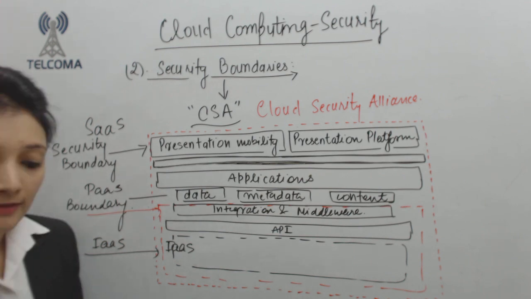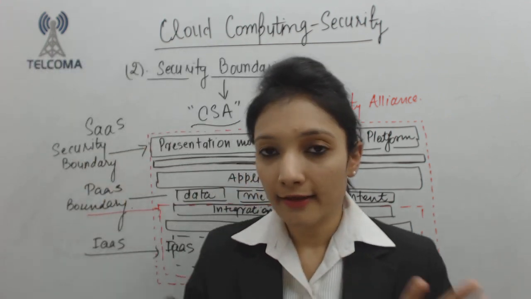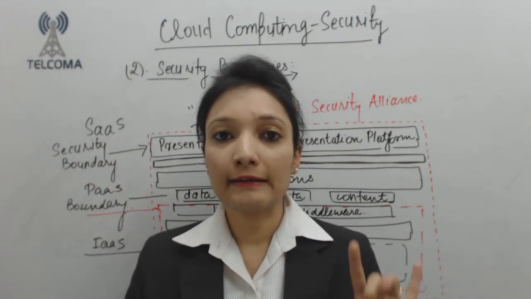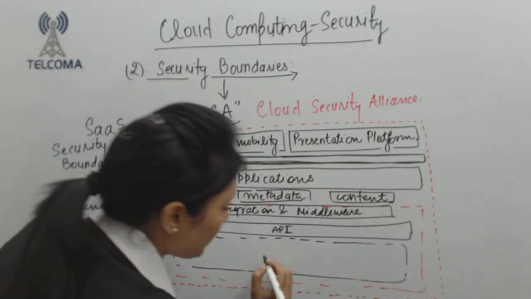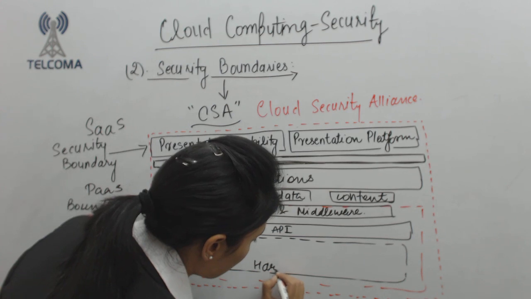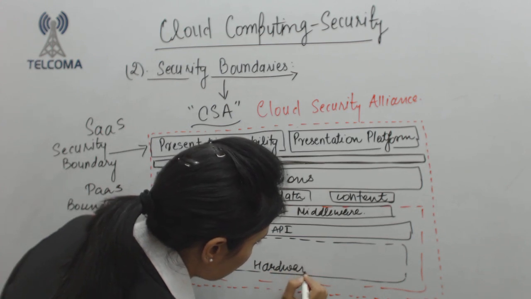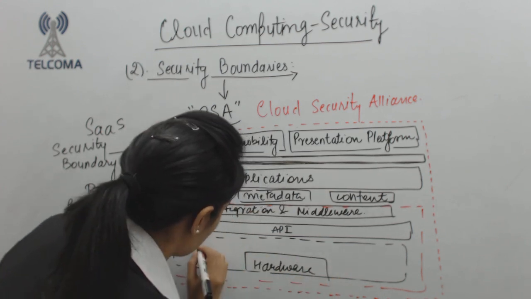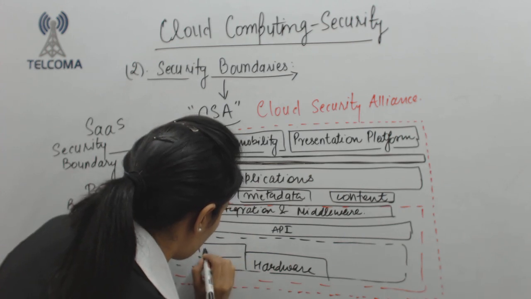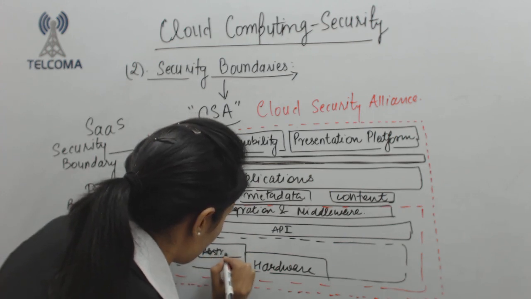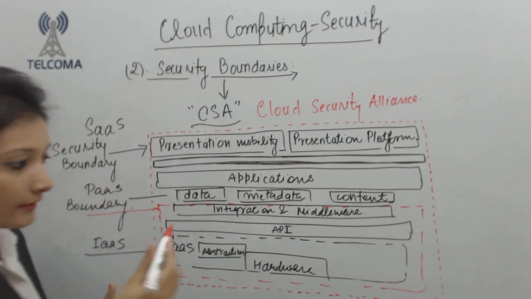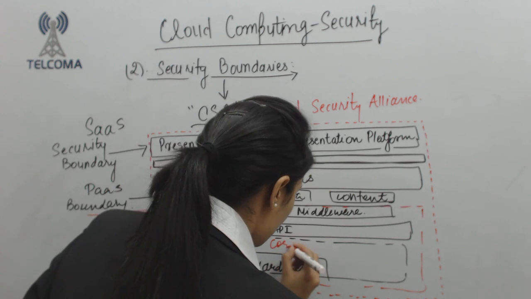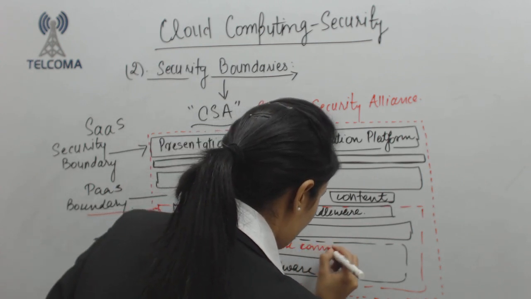That means this IaaS is providing the facilities, the hardware, and the core connectivity and delivery. So it will have your hardware abstraction, and this is your core connectivity and delivery with physical resources.